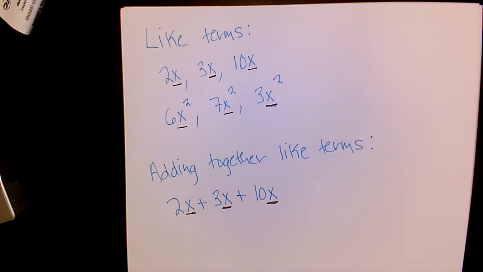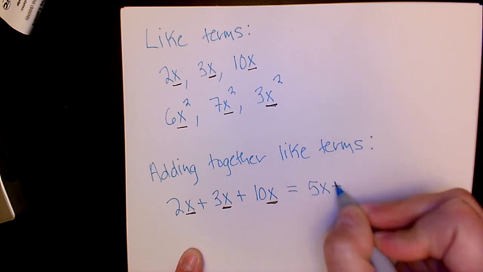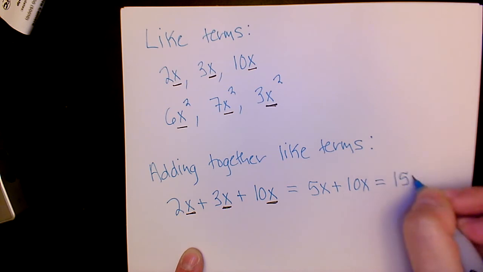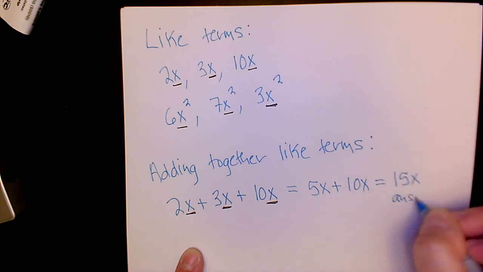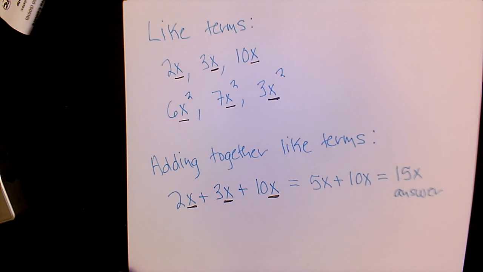So we can just put them together. 2x and 3x is 5x plus 10x, and my answer is 15x. So we're just adding the numbers together, the x comes along, and this is our answer.